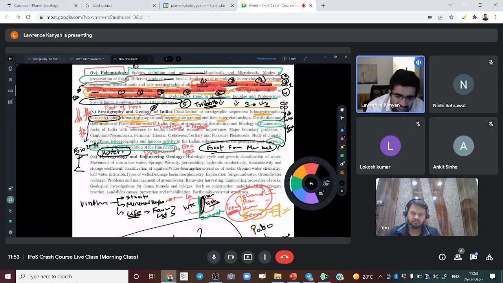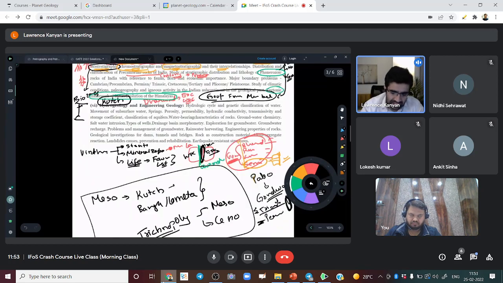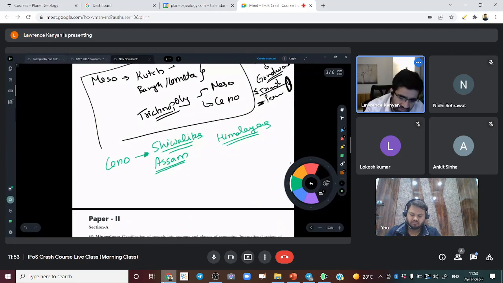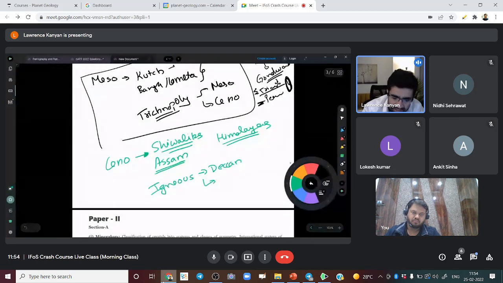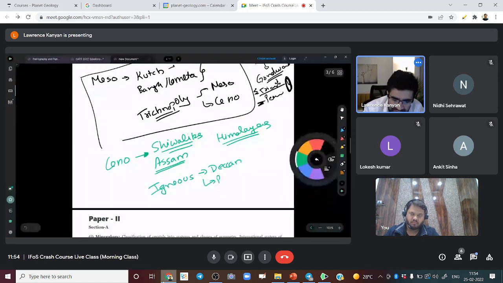Okay, igneous activity. In igneous activity, they can ask you about Deccan volcanism, Deccan basalt. They can ask you about Rajmahal traps, or Dalma.